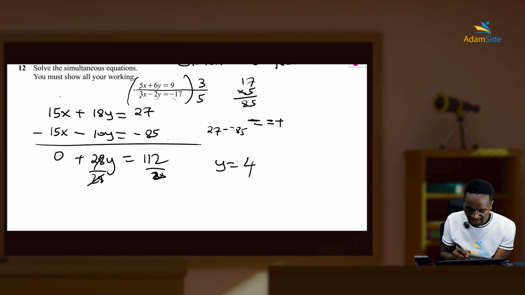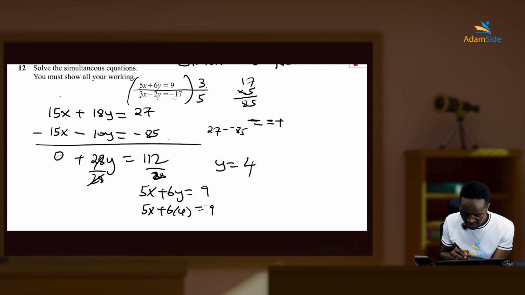And to get the value of x now, you just go to one algebraic equation. 5x plus 6y is equal to 9. Replace: 5x plus 6 times 4 is equal to 9. Then you get 5x plus 24 is equal to 9. Take 24 to the other side.